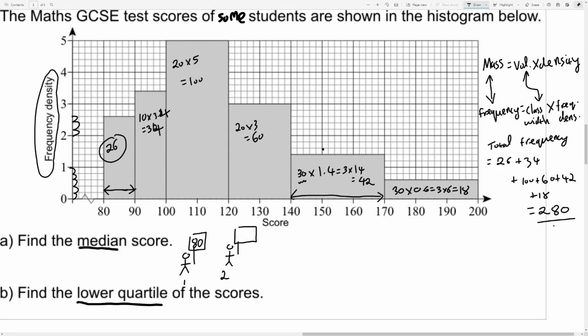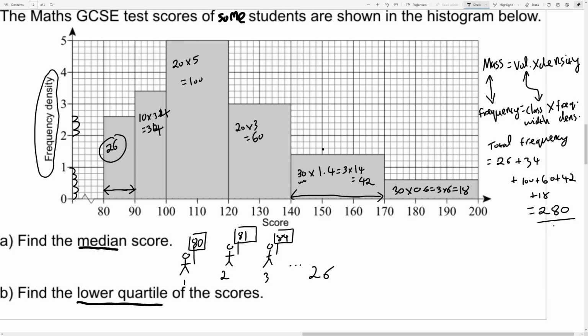I'm going to go to the sports hall or something like that, maybe go onto the field probably, and get them all in a line in order, lowest score to highest score. So the second person might have a score of 81, could be 81 and a half, they're doing half marks, it's continuous data, and so on. So the third person could be something like that, all the way up to the 26th person.